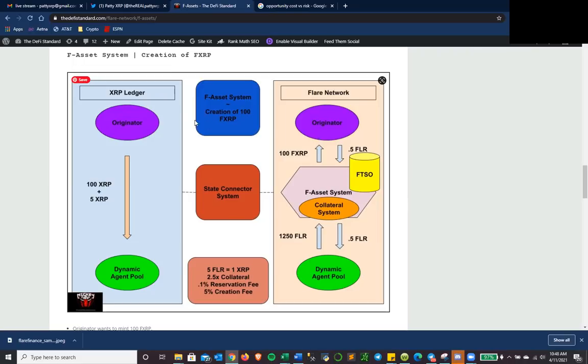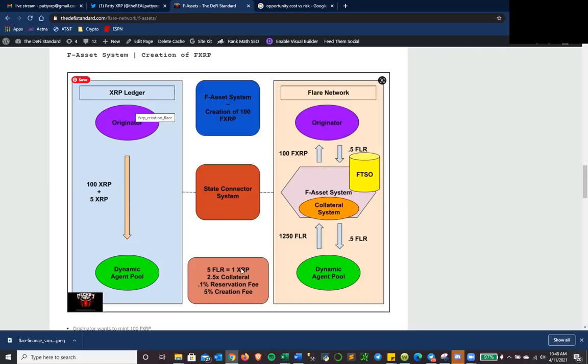And then the originator is going to have to pay a creation fee of 5%, which is what we're using here as an example from the blogs. Hugo has said on their Telegram in the past that they may do a bidding system and that the creation fee will probably be lower than 5%. That's good news if you're minting F assets, while agents may get a little less, but we'll have to see how that shapes out as we get closer to launch.